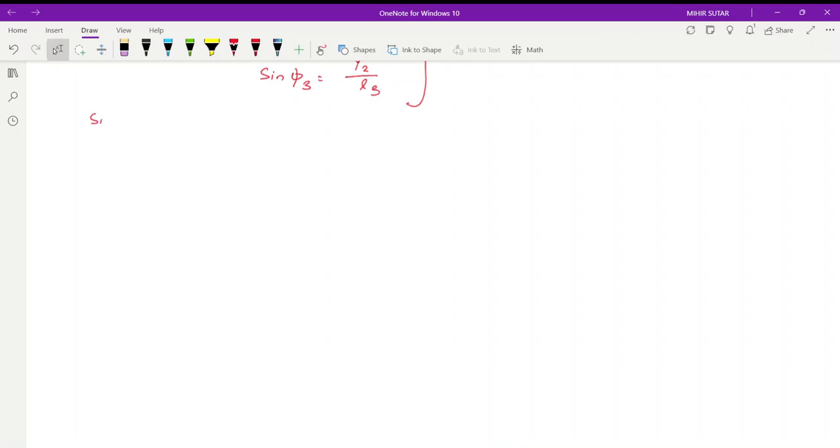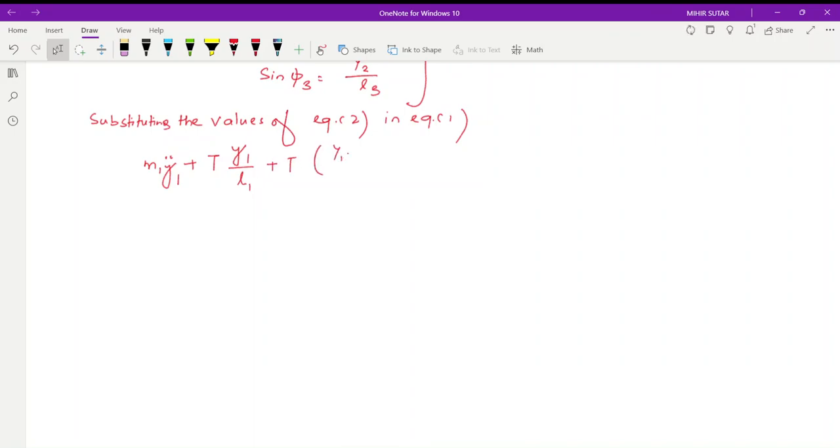So we can write, substituting the values of equation 2 in equation 1, we will have m1 y1 double dot plus T y1 by L1 plus T y1 minus y2 divided by L2 is equal to 0.